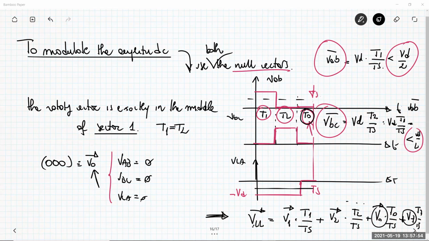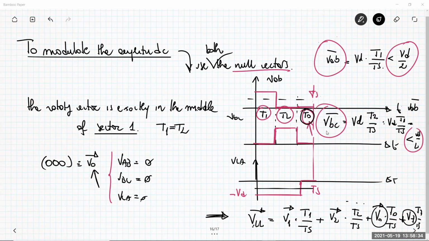I'm just reading the question. So in this case, we can modulate also the amplitude, exactly. This basically provides you a means by which you can have a larger rotating vector, longer if you want, or smaller, because depending on the amount of the time interval T0 or T7 in which you apply the null vectors, then you can minimize or you can have the largest possible vectors.